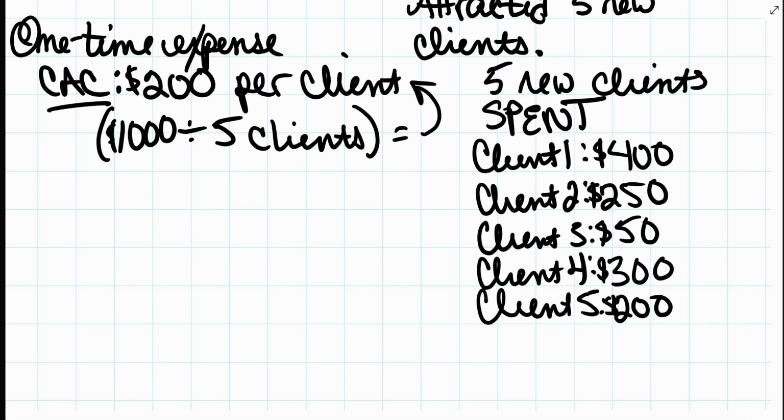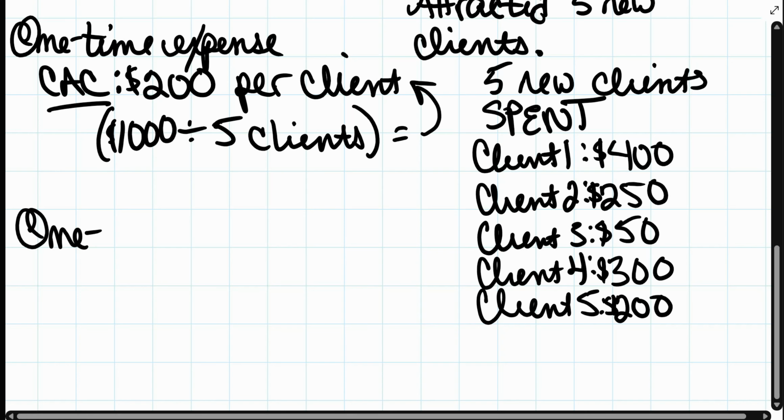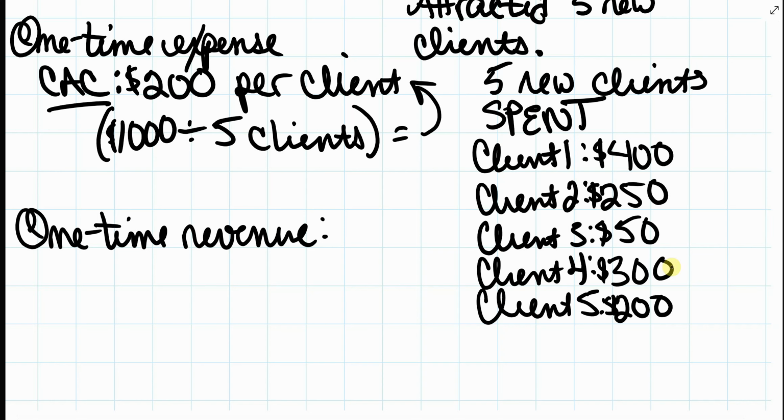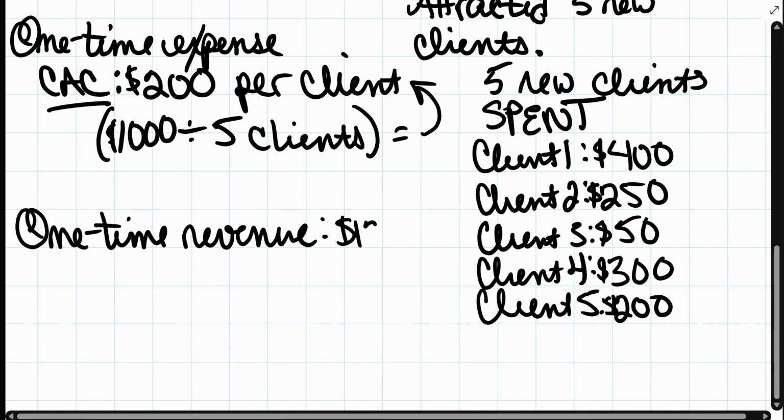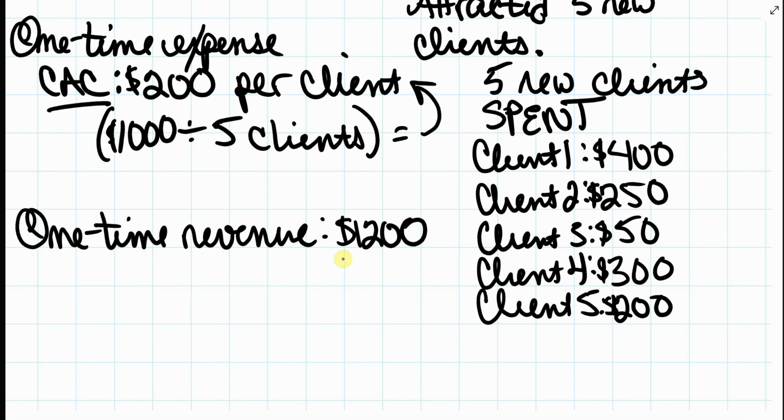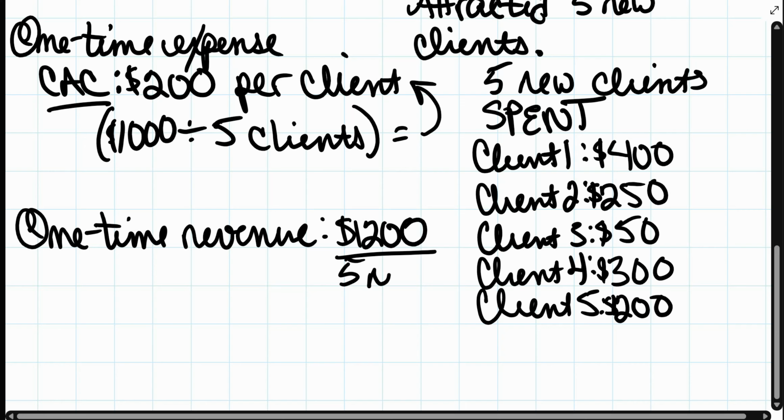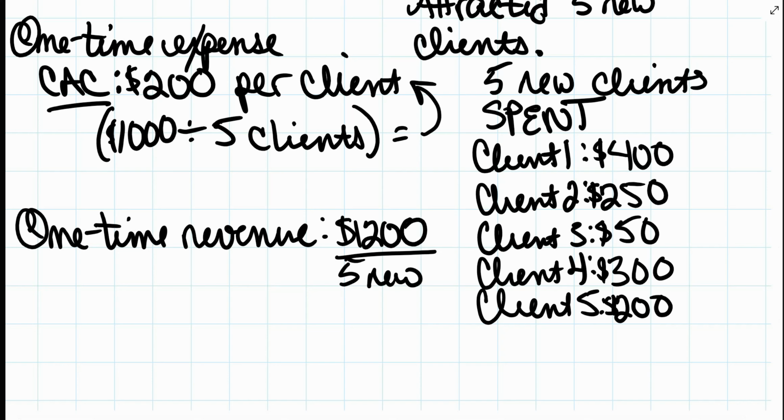So in this case, I had a one-time expense, and I also had a one-time revenue from this of 1,200. And so my 1,200 over my 5 new clients gives me an average value of $240 per client.